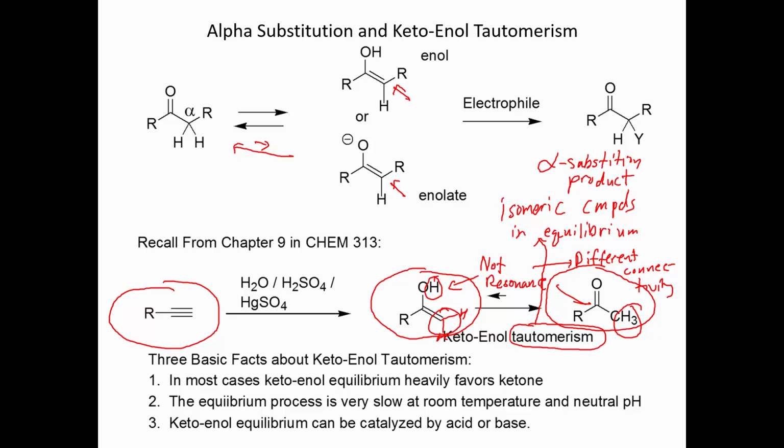All right, so formation of enols and enolates is key to performing alpha substitution reactions of carbonyl compounds. We're going to find that not only do ketones and aldehydes do this, but later in this chapter we're going to see that esters do it as well.